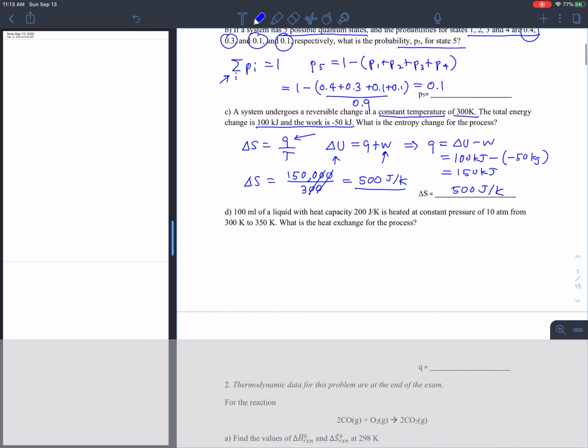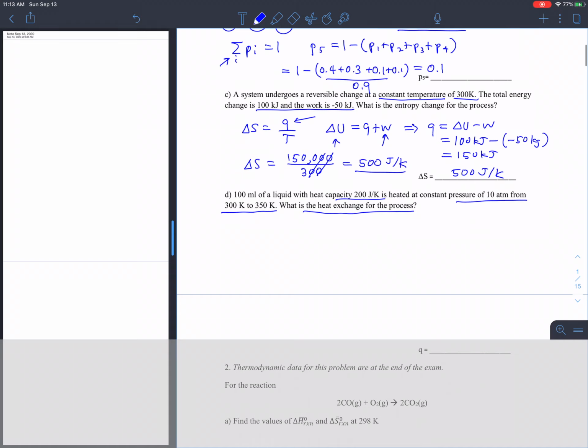Part D. 100 milliliters of a liquid with a heat capacity of 200 joules per K is heated at constant pressure of 10 atmospheres from 300 to 350. What is the heat exchange for the process? So it's constant pressure, so we need a C_P. It doesn't say whether the heat capacity is a C_P or a C_V, but it's a liquid, which means that there's very little volume change in the course of the warming, only the thermal expansion, which for liquids is really small.